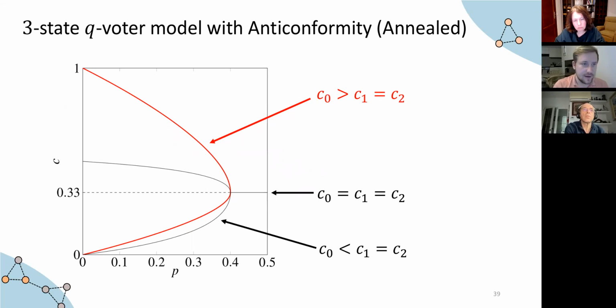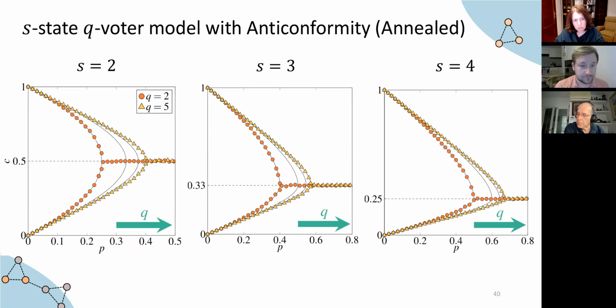So for example, for the three-state model, we have three possible stationary solutions. I made Monte Carlo simulations to check this for many S values. Of course, S can go to infinity, so I cannot check everything, but I checked as many as possible by hand. And I observe only a continuous phase transition in the model with anticonformity, no matter what the value of Q, no matter what the number of states.